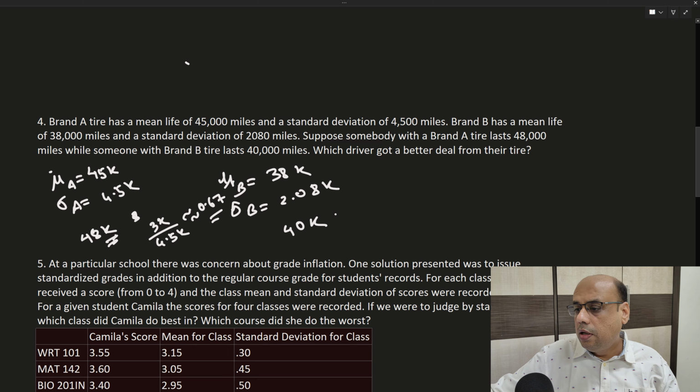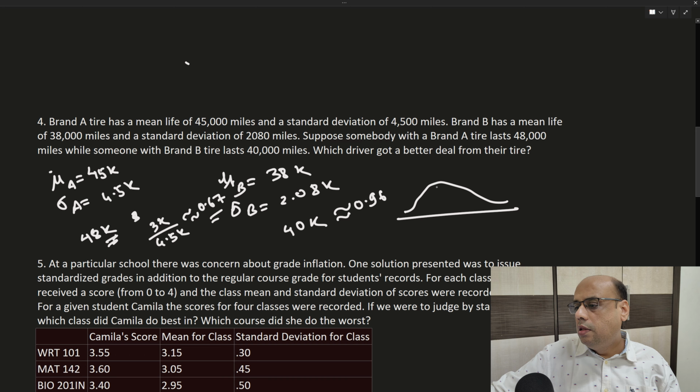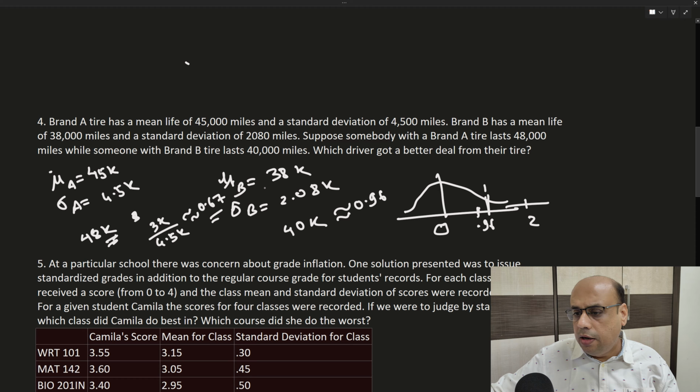So this is the standardized normal curve. This is 0, and B's value is somewhere around 0.96. Let's say this is 1, this is 2, like that. So the person who bought the B tire is here, and the person who bought the A tire is at 0.67. Obviously B is better off.